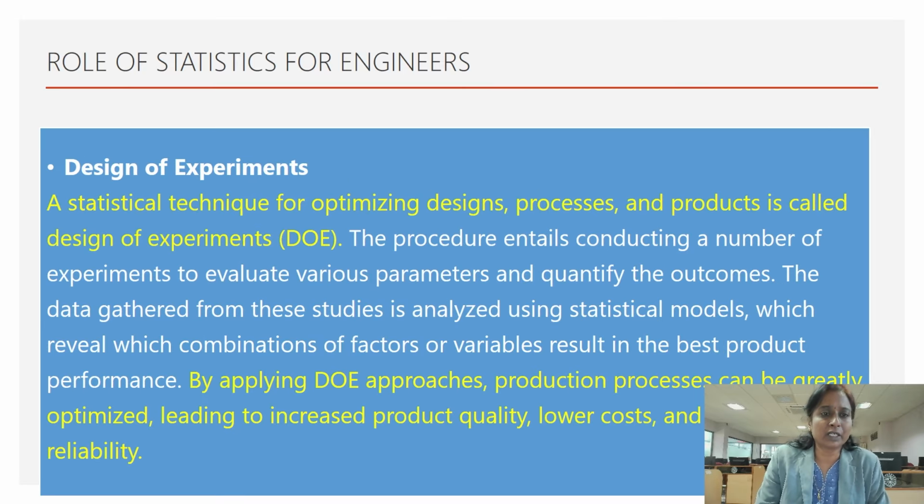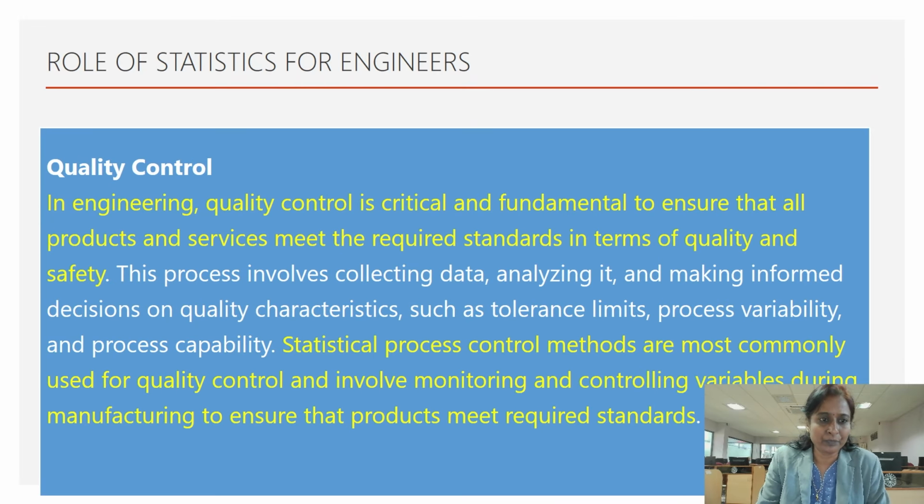You can think of design of experiments. The statistical technique for optimizing designs, processes, and products is called design of experiments, DOE in short. By applying DOE approaches, production processes can be greatly optimized, leading to increased product quality, lower cost, and increased reliability.